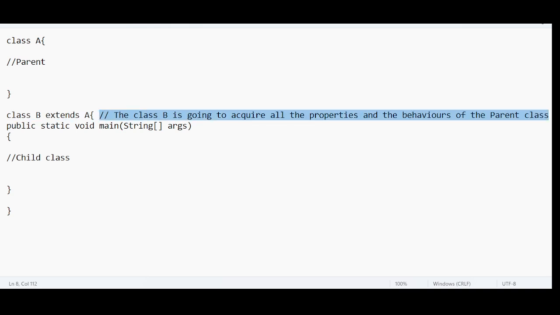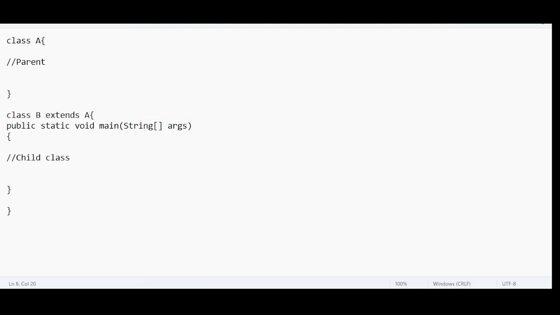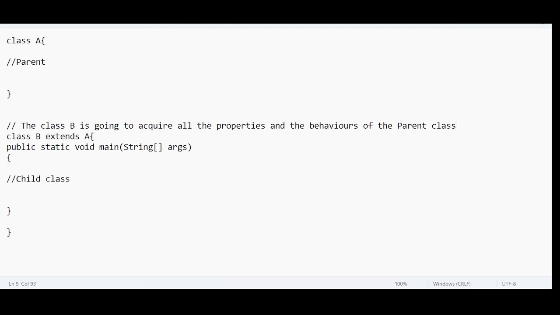So this is what inheritance is. This is what Java inheritance says. So since class B is extended to class A, class B is going to acquire all the properties and behaviors of the parent class. Now if you see, the parent class has no logic, it has no properties, it has no behavior. So it doesn't really matter that the parent class A should have any methods or behaviors.